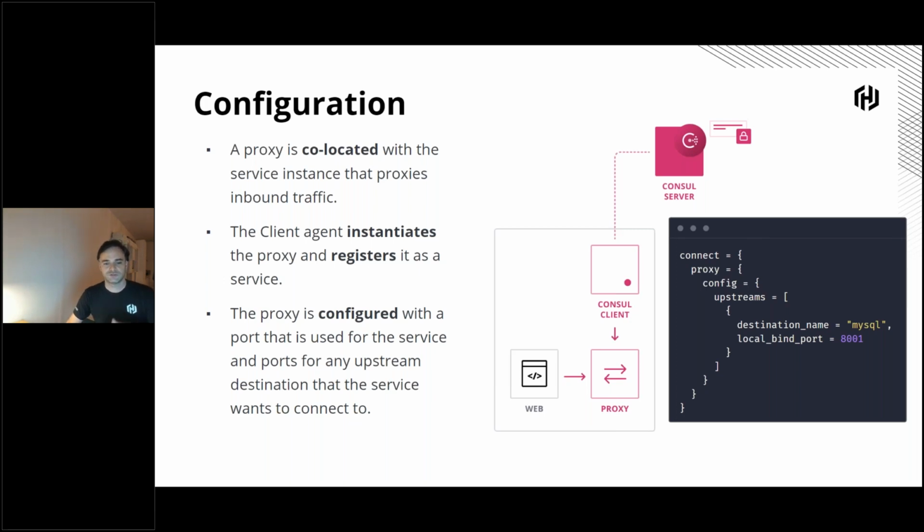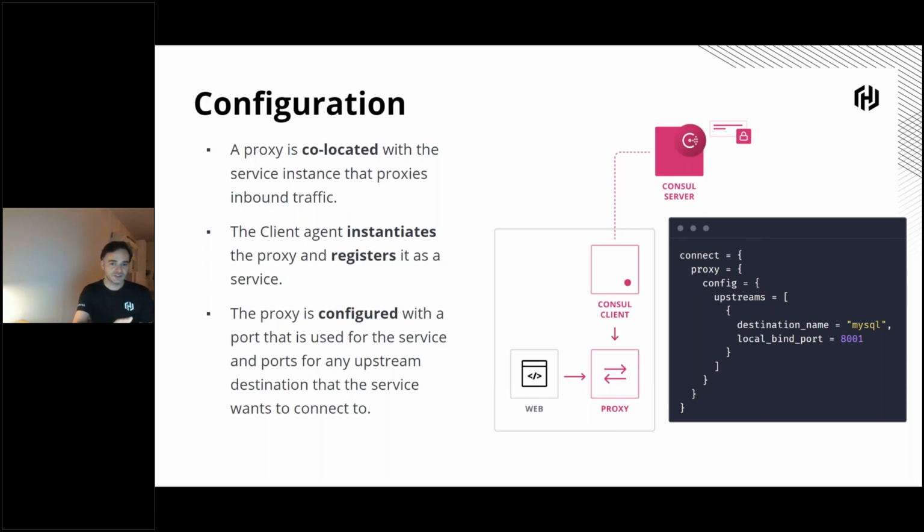So we're registering the service web, and to the normal service registration, we're going to add some additional stanza, the connect stanza, and we're going to configure our sidecar proxy. So in this case, web wants to talk to a service called MySQL, so it wants to talk to a database, and it wants to do that on the local bind port of 8001, right?